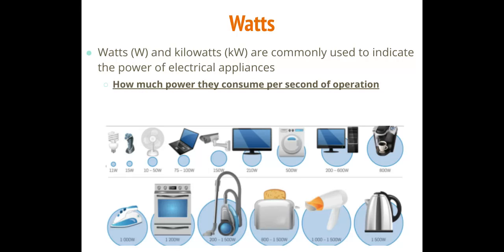But something that's indicative of this is that you can notice that not only do the watts get bigger, but also the appliances, for the most part, become larger. If they don't become larger, at least the use of the energy becomes more concentrated, and it becomes a bit more obvious why it uses up so much energy.